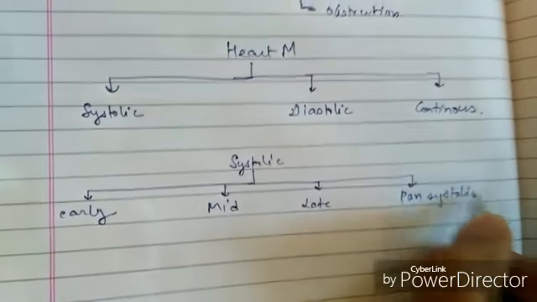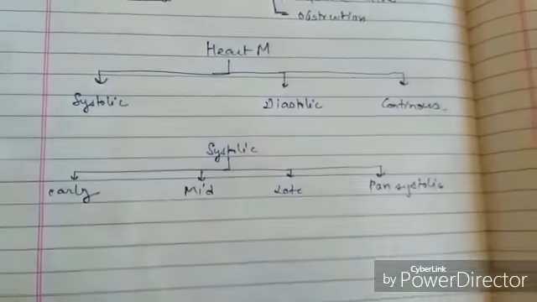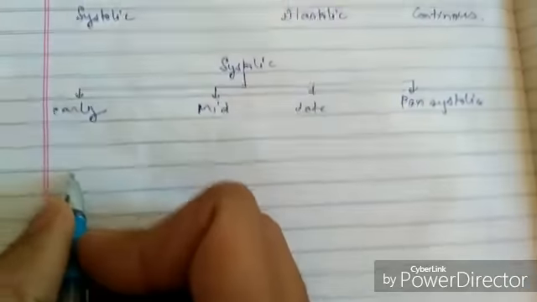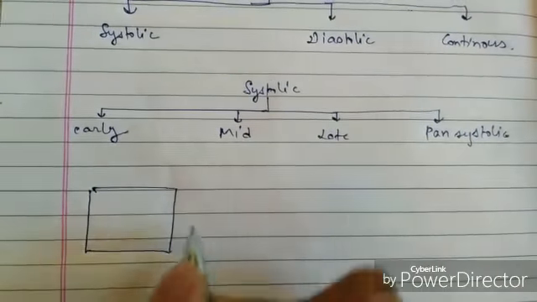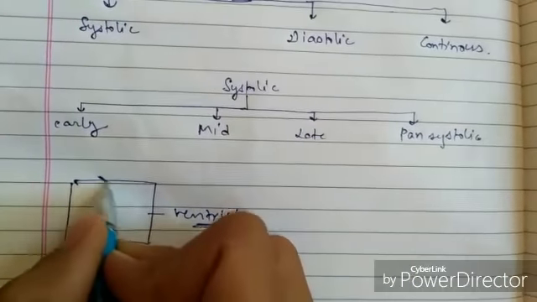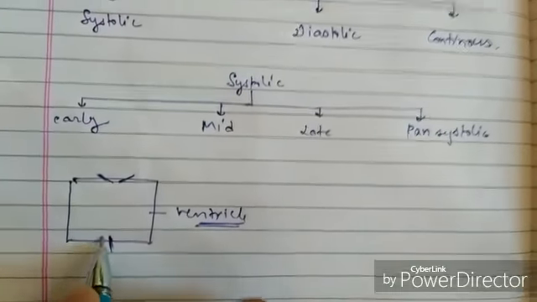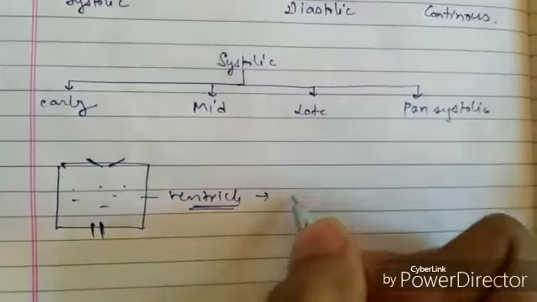We will understand how these murmurs are related to the early, mid, or late part of systole by taking the example of a ventricle. Suppose it is a left ventricle, which has an AV valve and an aortic valve. It already has some blood from diastole, and it has to push that blood into the aorta.